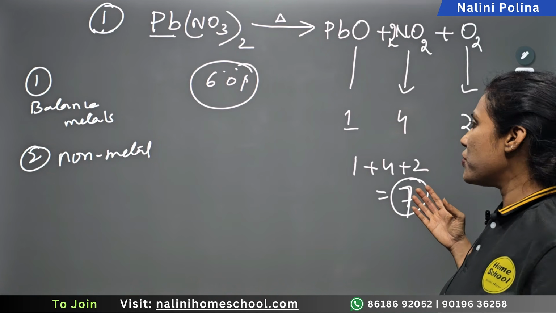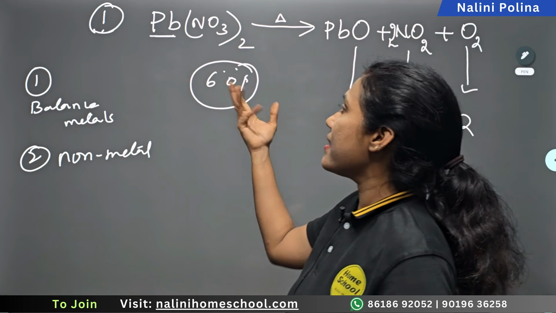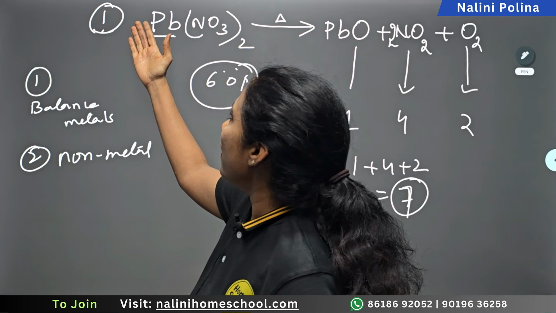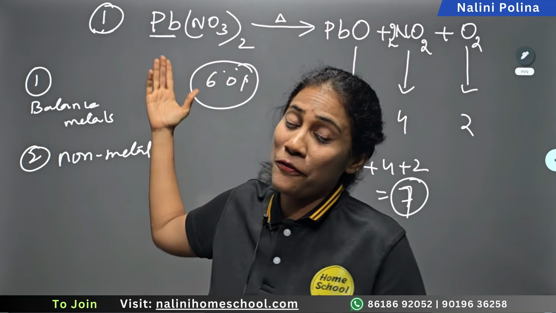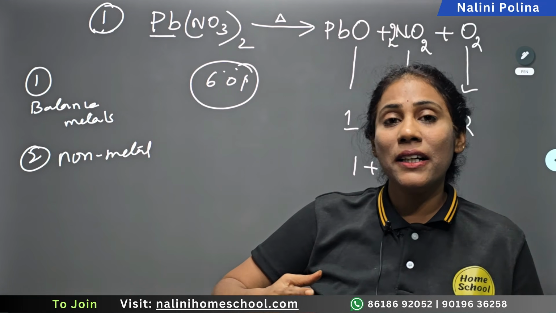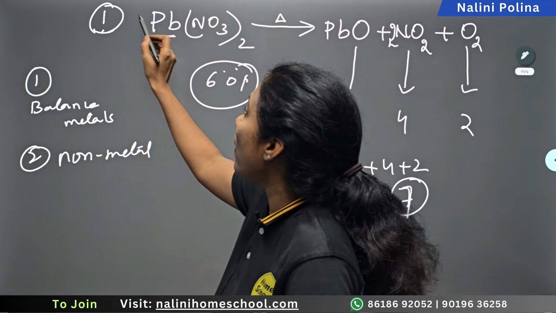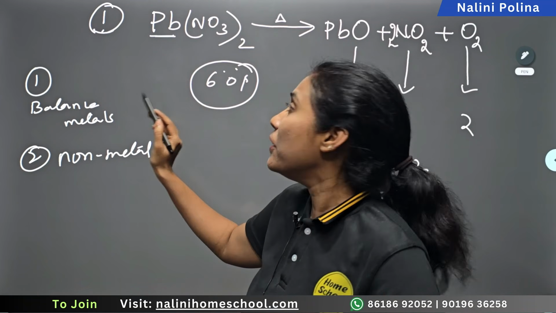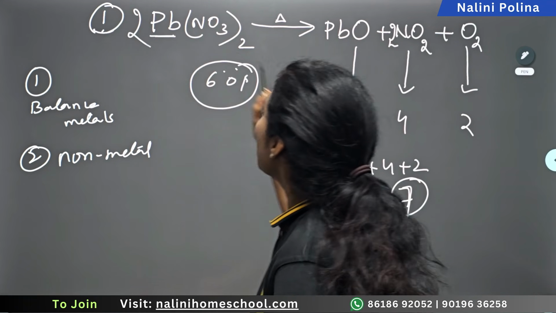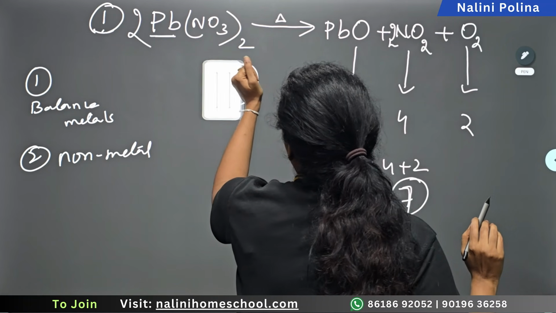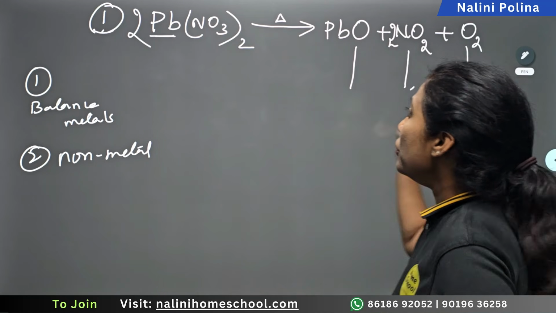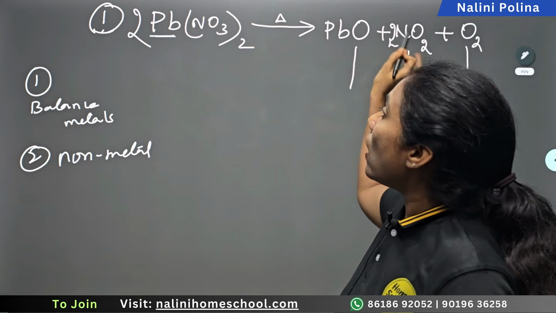Here 7 oxygens are there and here 6 oxygens are there. So what is the number that you can expect to put here? Definitely you will start the number from 2 onwards. If you put 1, there is no use. So obviously put a number 2. After you put a number 2, all elements got disturbed.